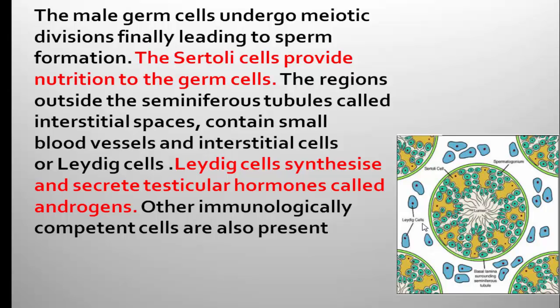Similarly, what is the function of Leydig cells? Leydig cells synthesize and secrete the testicular hormones called androgens. Androgens are male sex hormones responsible for the secondary sexual characters developed in males at the time of puberty, that means at the adult stage.